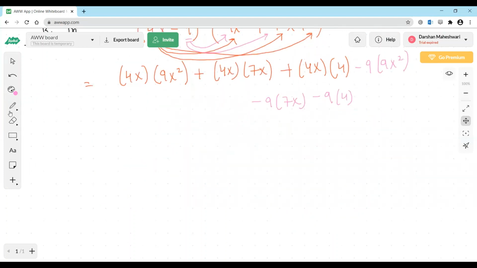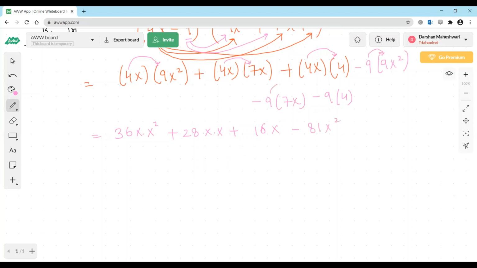So let's simplify this. So we have 4 times 9 is 36, x times x² plus 4 times 7 is 28. Then we have x times x. Then we have 4 times 4 is 16. So we have 16 x's as it is. Then we have 9 times 9 is 81x².